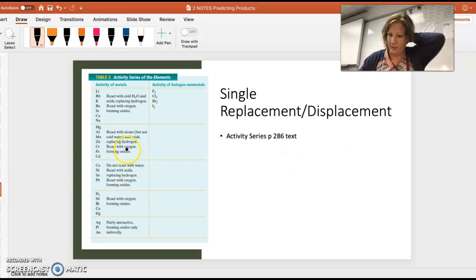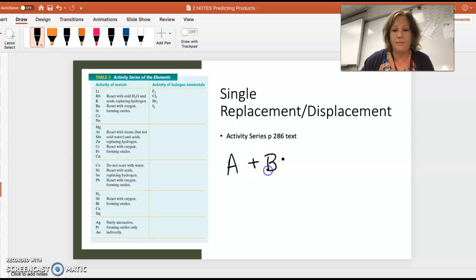Now we're going to talk about single replacement. And there's an activity series in your book on page 286. And how you use this is, for most single replacements, there's some where it's a little different, but you have this lonely metal going in and kicking out the other metal.